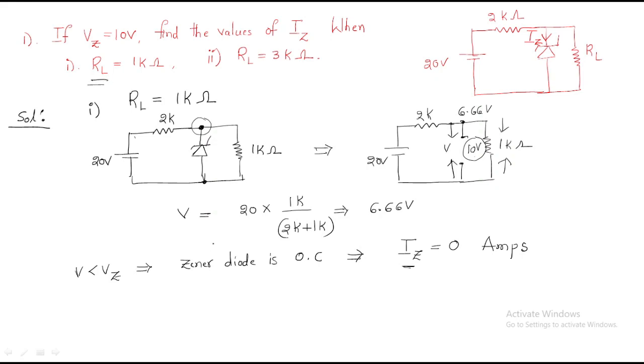Next, the Zener current will be decided by the load of the circuit. Next, we will move into the second case. The second case, load value equal to 3 kilo ohm. Then we will find the Zener current. So for 3 kilo ohm, draw the circuit.